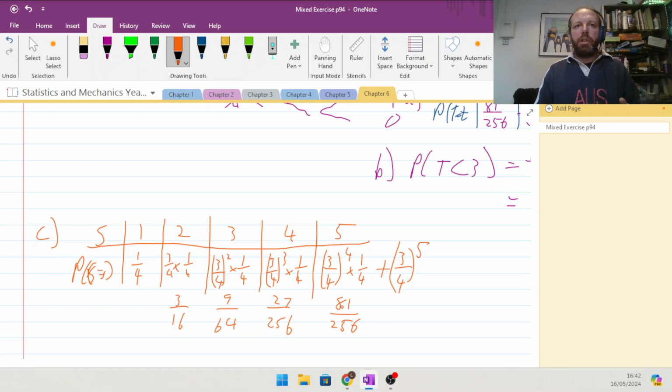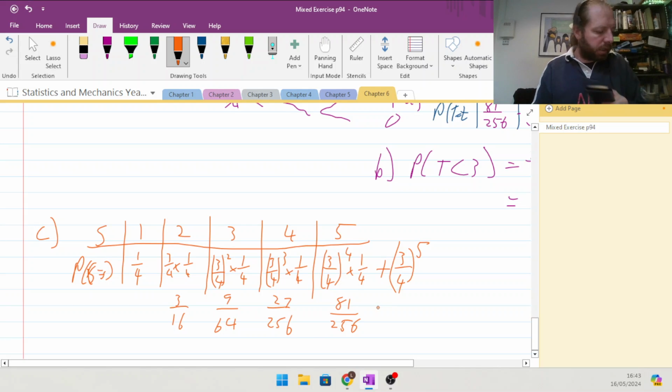Okay, and just doing the check of all of them: 27 over 256 plus 9 over 64 plus 3 over 16 plus a quarter equals 1. So they're all nice. All right.